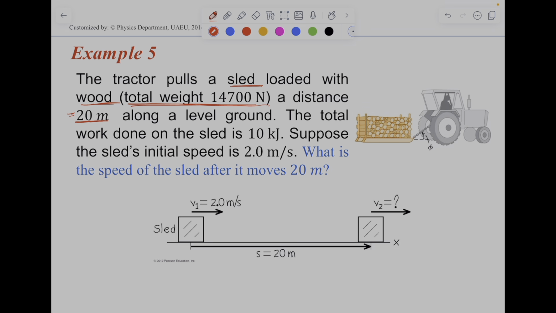This is your S, this is your W. The total work done by the sled is 10 kilojoules. Suppose that the sled's initial speed is V initial. What is the speed of the sled after it moves 20 meter? So we need to find V2. This is V1.